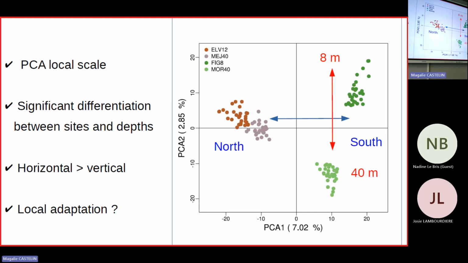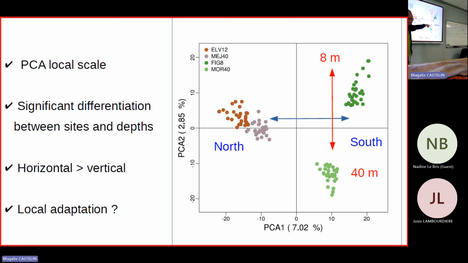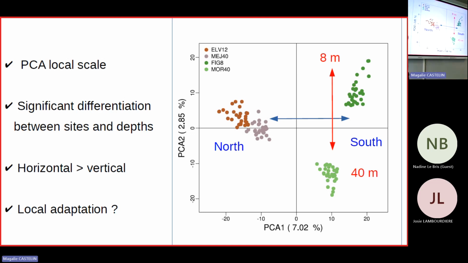That means that in the red coral we don't have, for example, a shallow population present everywhere and a deep population present everywhere. We have different local populations with differences among them, because the second axis, which is maybe not very visible here but more visible here, is a depth axis, with a separation among them.